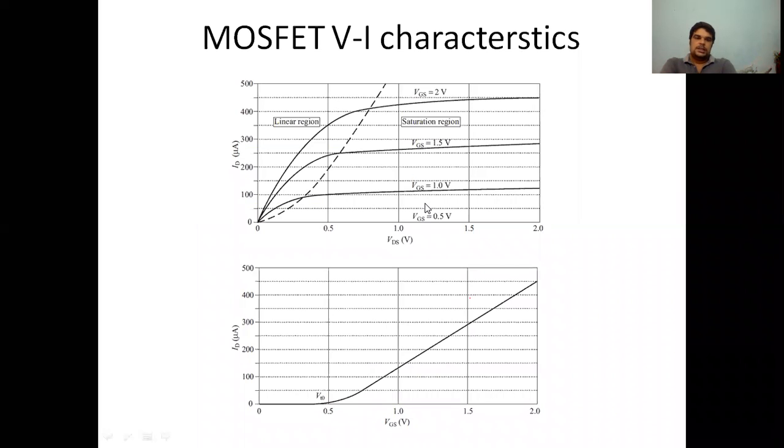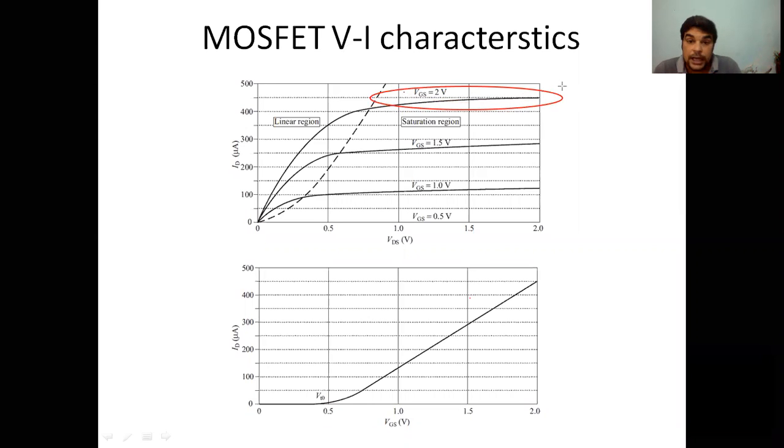These are the MOSFET VI characteristics, as you have seen. Here you may ask why, beyond the pinch-off region, we do not have a line parallel to this axis.